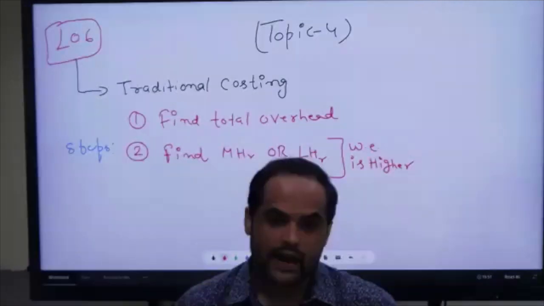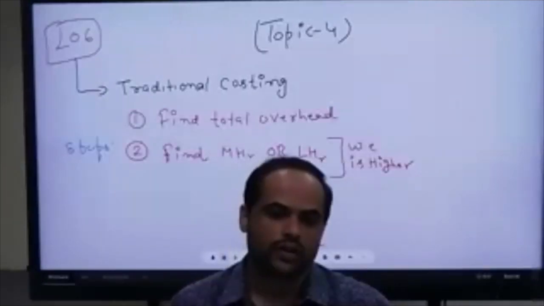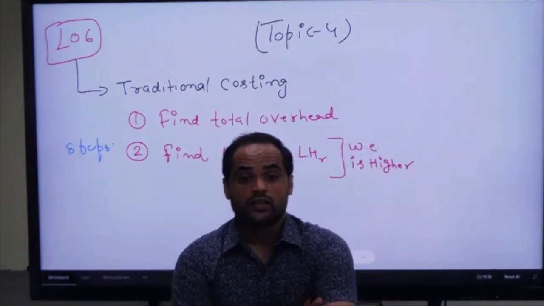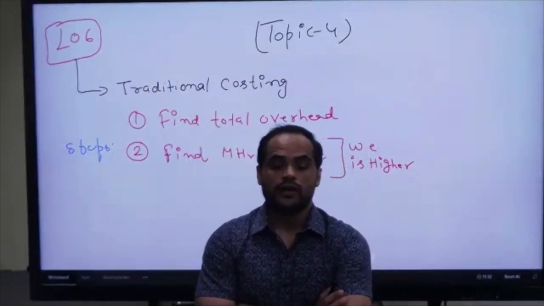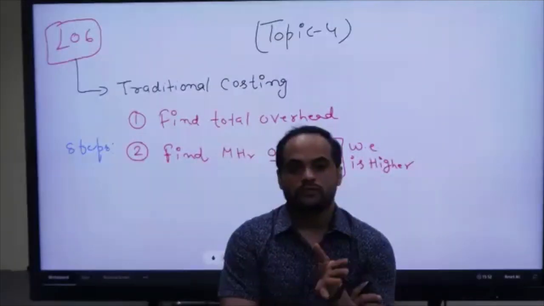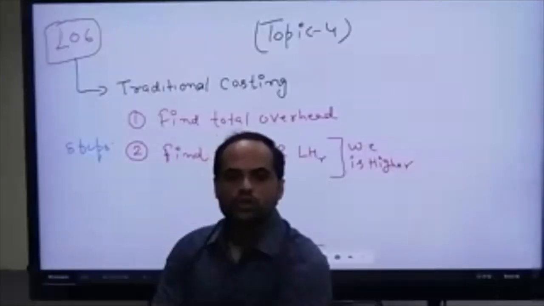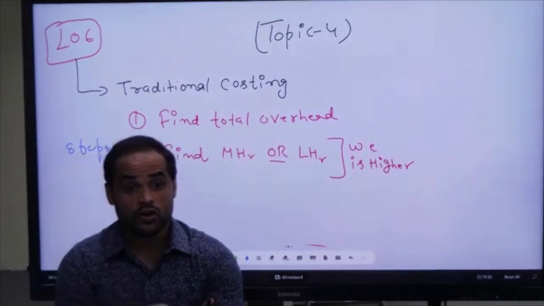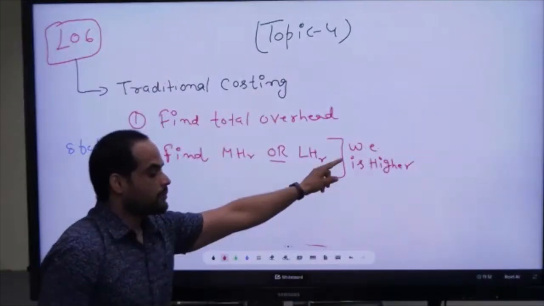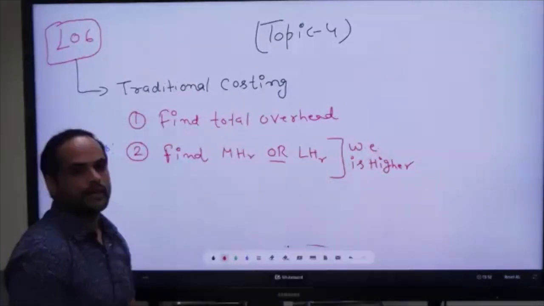And in your question, labor hours are also given, which is maybe 300, right? So the workers will work 300 hours. So machine hours 500 and labor hours 300. In this case, we choose machine hours to move on to step 3, right? So that's the idea behind machine hours or labor hours, whichever is higher.